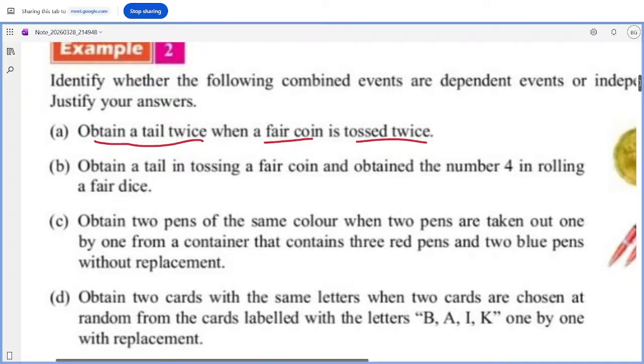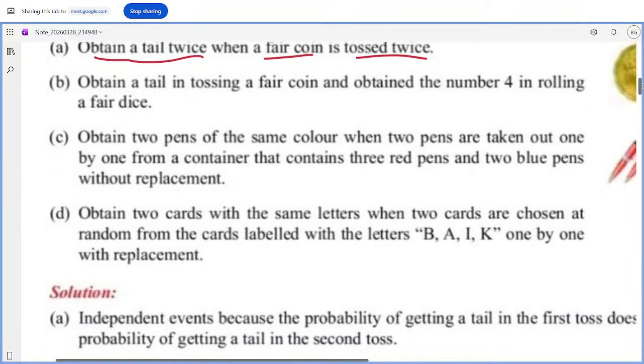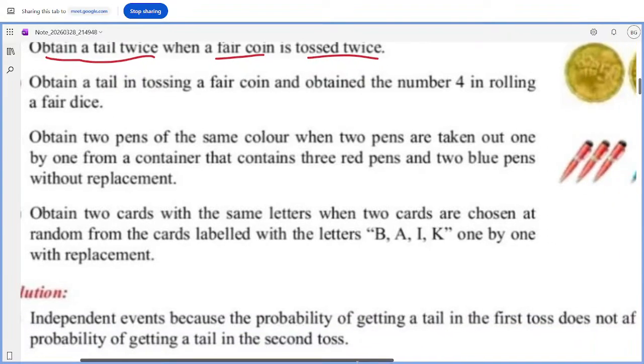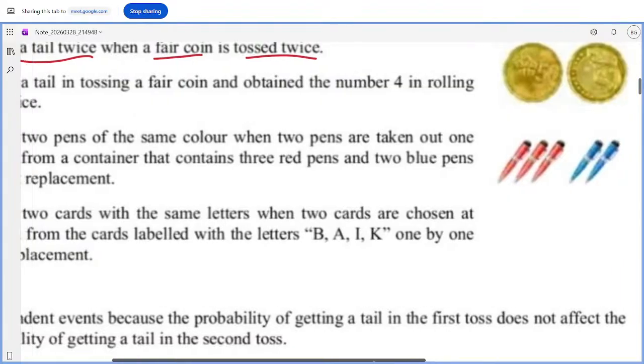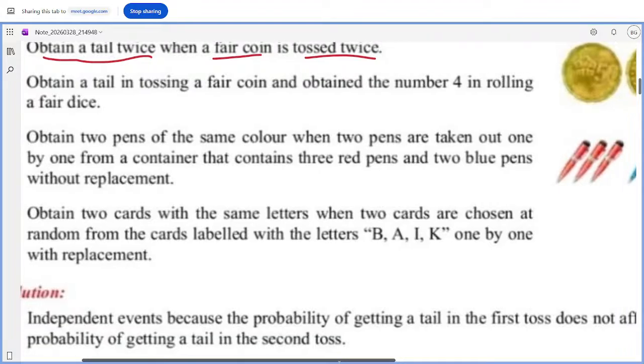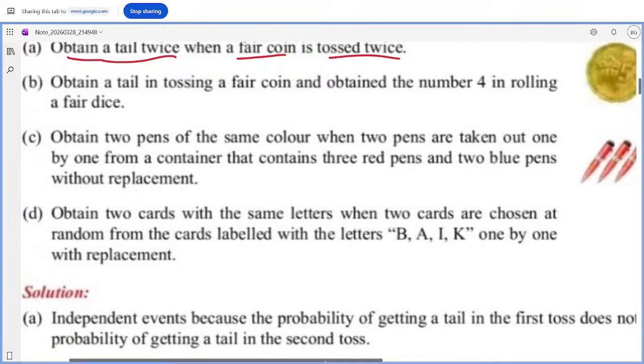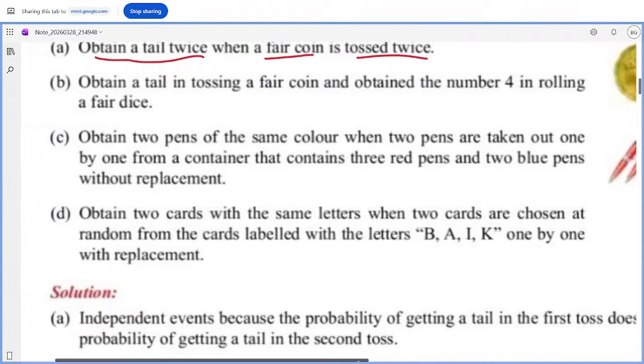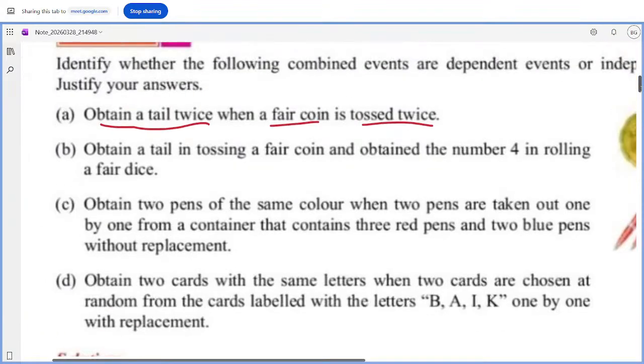Okay, about part A, yes, very good. The answer is independent event, because the probability of getting tail in the first toss does not affect the probability of getting tail in the second toss. It does not matter, because you toss once and get tail, the second time you toss you can get head. It doesn't mean you must get tail. So independent. It does not affect each other unless you toss in a way that you simply want to get the tail.